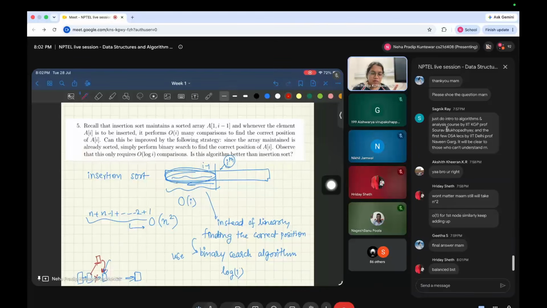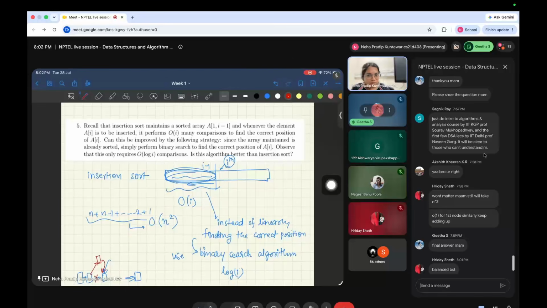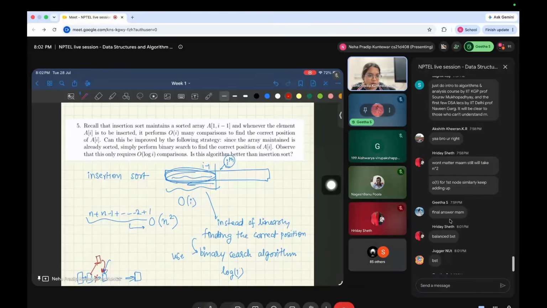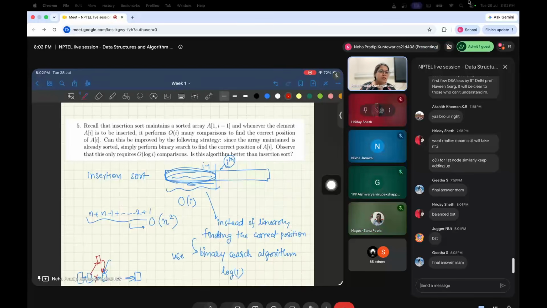Those of you who would like to refresh the basic concepts, this course by Professor Saurav Mukhopadhyay is a good place to catch up with the fundamentals, the concepts that we will use in this course. The other course I have not checked out, but feel free to look into it. Okay, thanks for pointing out.